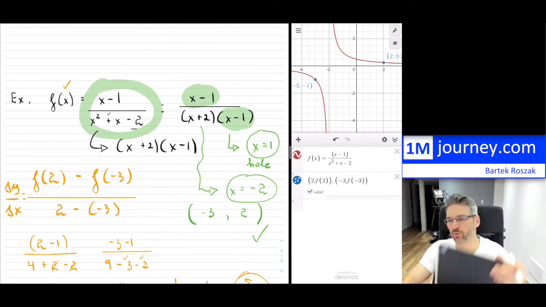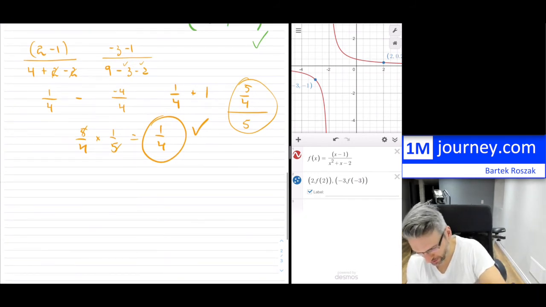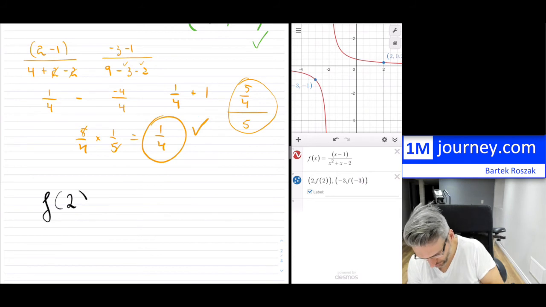So if I take this function, and let's say we set 2, so that's what we want to be able to find. That's my a.